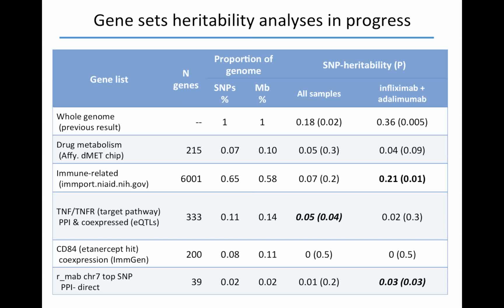And if we expand that out by protein-protein interaction and look at all the SNPs mapping to 39 genes that interact directly with the gene closest to that chromosome 7 top hit, we can see the result is modest, 3% of heritability. It's about 10% perhaps of the total SNP heritability of the genome, but it's coming from only 2% of the genome. So that's the idea behind the concentration of the genetic effect. Can we come up with a set of features that shows a more robust genetic signal? Next slide, please.